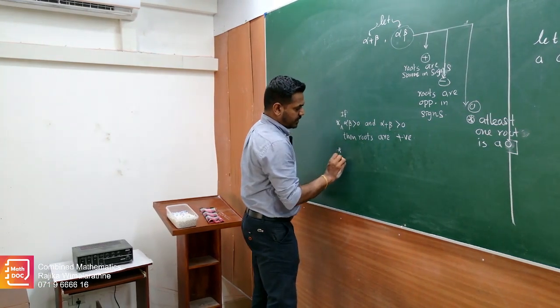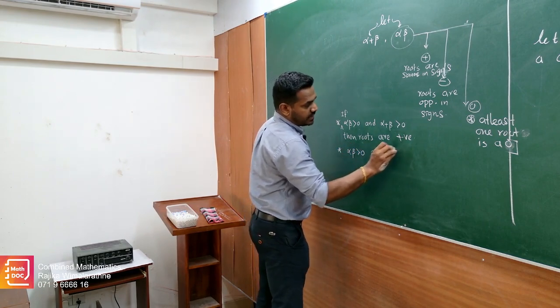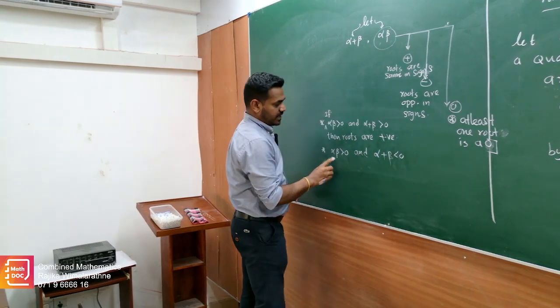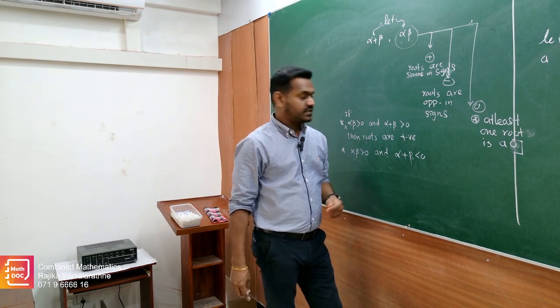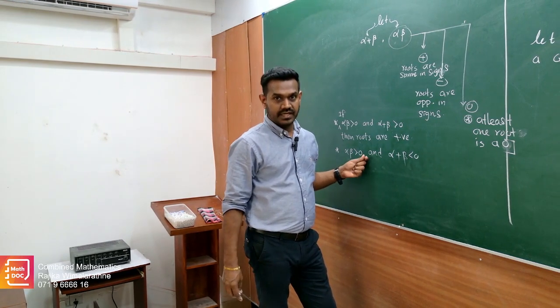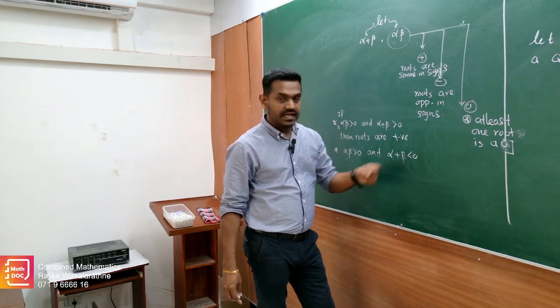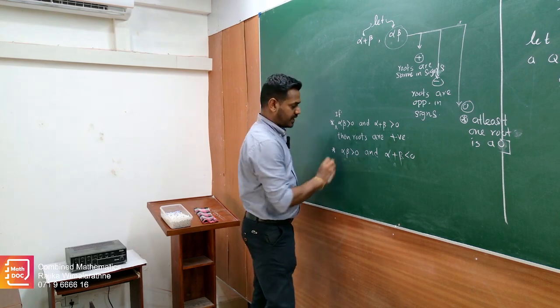Similarly, alpha beta greater than 0 and alpha plus beta less than 0. By this we say both roots are the same in sign, meaning both can be positive or both can be negative. When alpha plus beta is less than 0, surely both roots are negative.